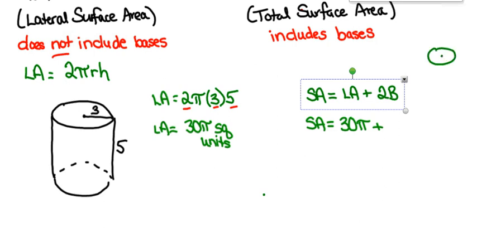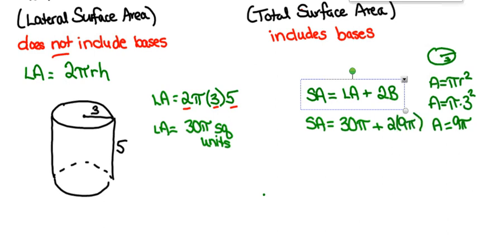So to find the area of our circle, I'm going to use my pi times r squared formula. So 3 squared is 9, making our area of that circle 9 pi. And I want 2 of those.